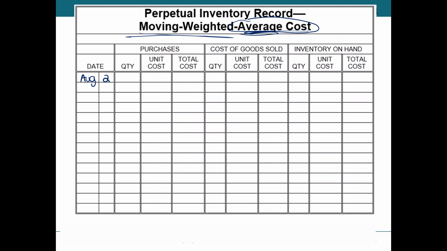So the purchase, we purchased 250 at $70, gets us to our total cost of $17,500. Since that's the first thing we've purchased, that's our only inventory, that cost is also the average cost that we use in the ending, because that's all that we have. So we just carry that over.